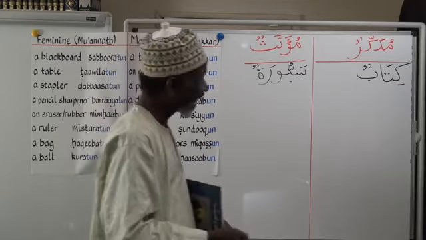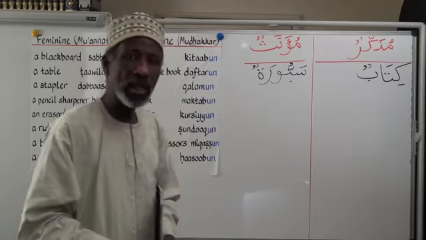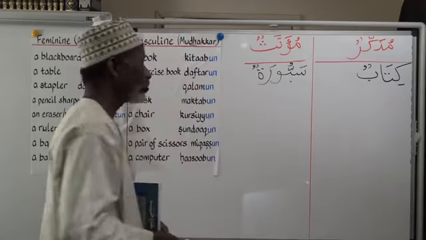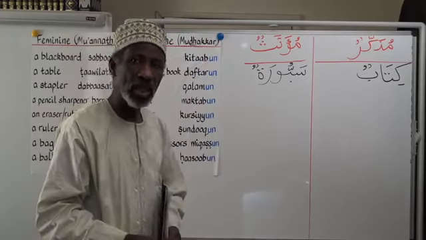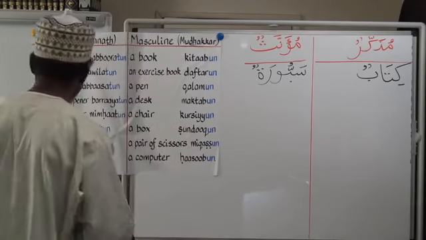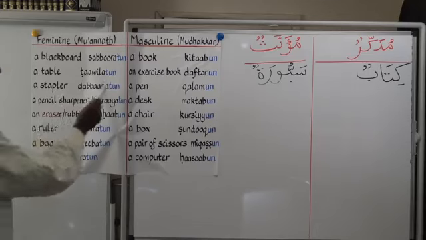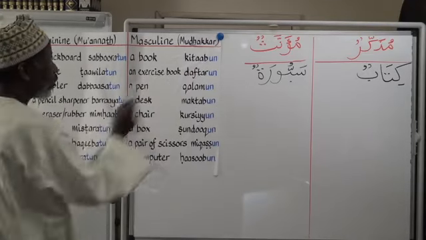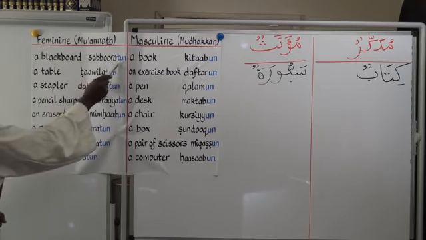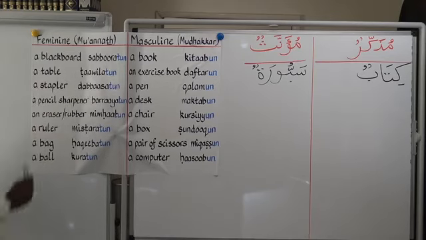Kitabun means a book. Saburatun means a board or blackboard, if you like. Here we have kitabun, a book. Saburatun, a blackboard.